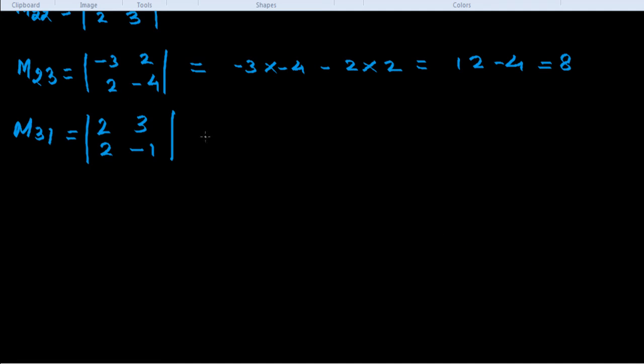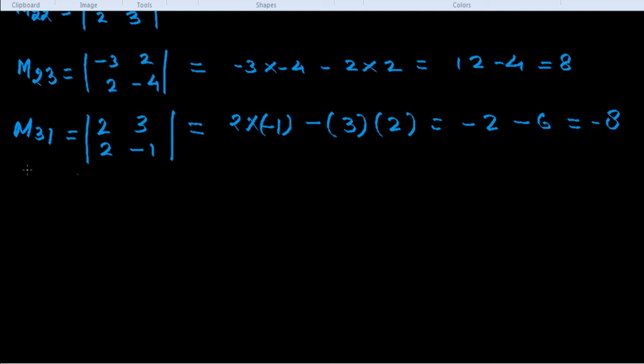Now we simplify this: 2 into minus 1 minus 3 multiplied by 2. So we get minus 2 minus 6, which is minus 8.